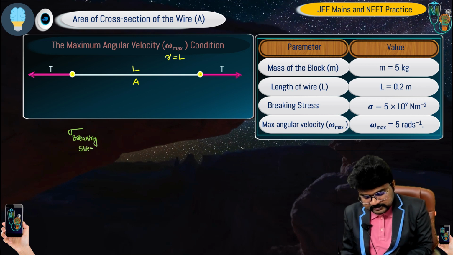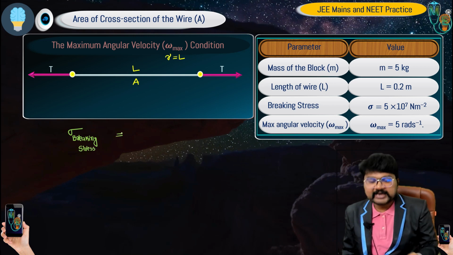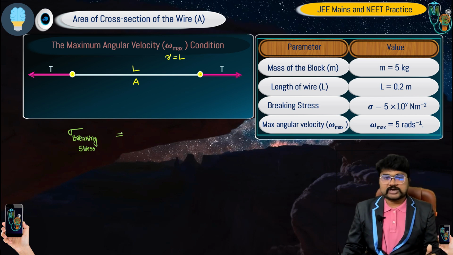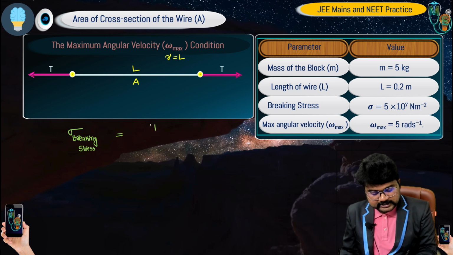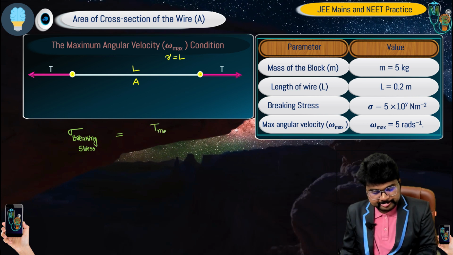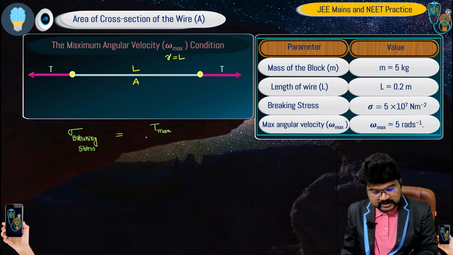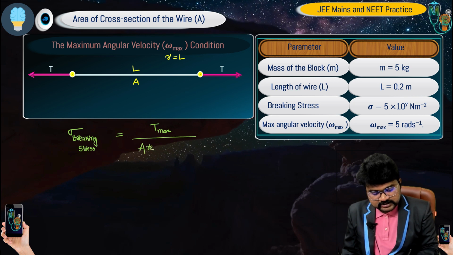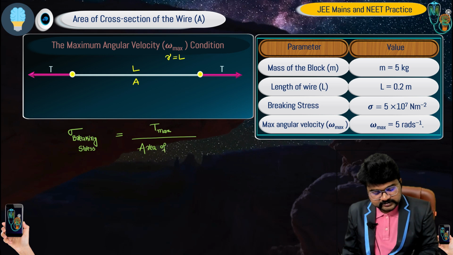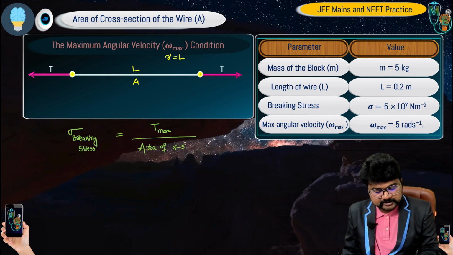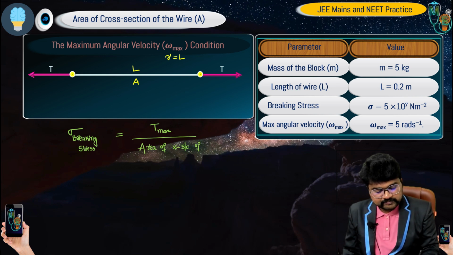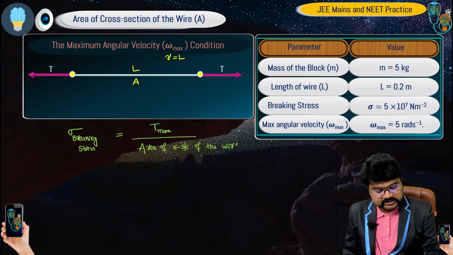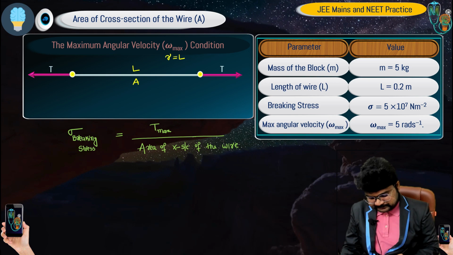This is the breaking stress, the maximum stress up to which the material can withstand the loads without any failure. T maximum by area of cross section of the wire. They are asking you to determine A only.